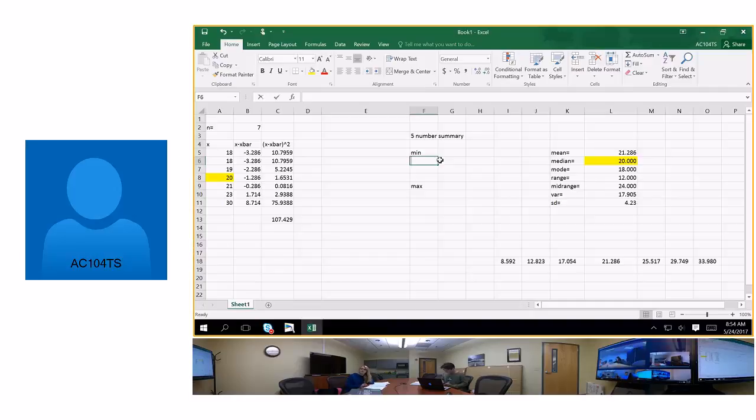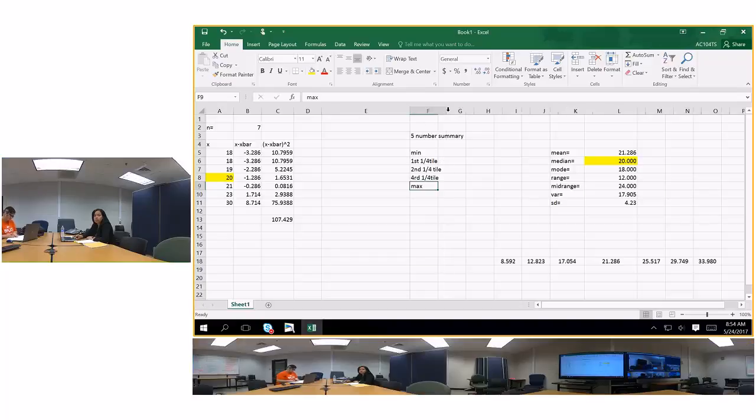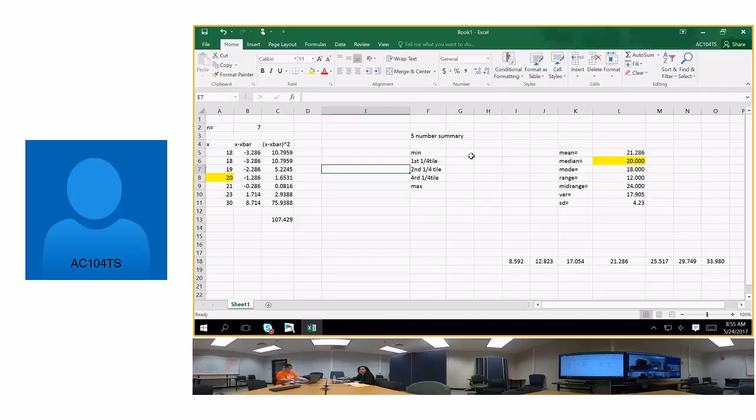The first quartile, the second quartile, third quartile. Now, the good thing is the second quartile you already have. The second quartile is also called the 50th percentile, or the median.